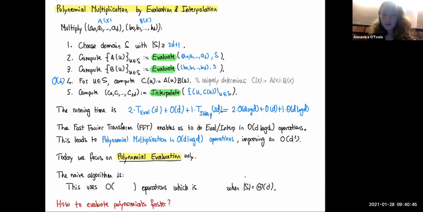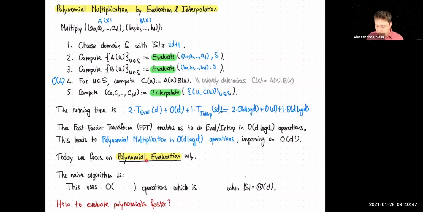All right. Okay, so henceforth, we are going to talk about just polynomial evaluation. And look, the naive algorithm is pretty straightforward, right? If you want to evaluate your polynomial everywhere on S, then you just pick each element of S and you evaluate the polynomial at that point.